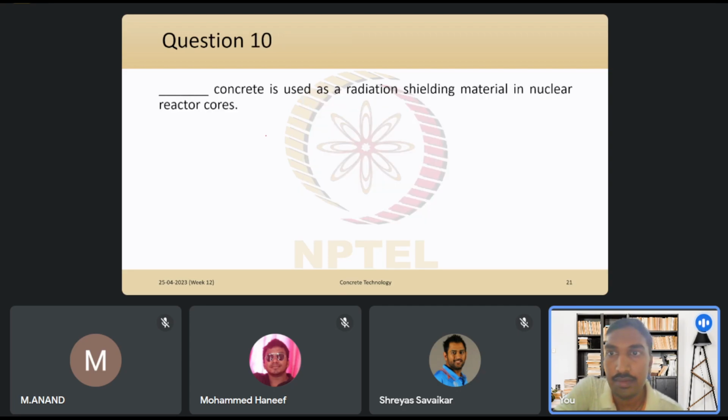Okay, question 10: dash concrete is used as a radiation shielding material in nuclear reactor cores. What is the type of concrete that is used as a radiation shielding material in nuclear reactor cores? For this we won't have a poll. You can make use of the chat box for answering this question. It's a special concrete type. So what is that type of concrete?